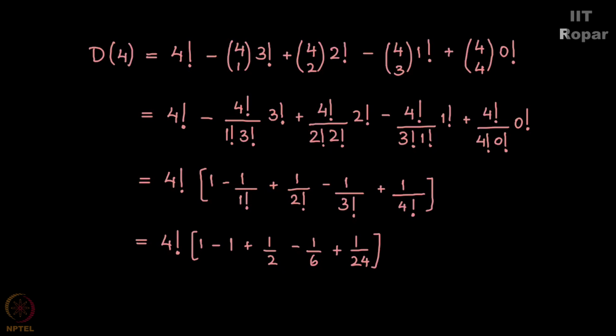Right? I'm just writing the values of the factorials and simple calculation will tell me that this is equal to 9. So, in 9 ways, the teacher can give the test papers to 4 students to evaluate, where every student will evaluate others' papers and not his own.